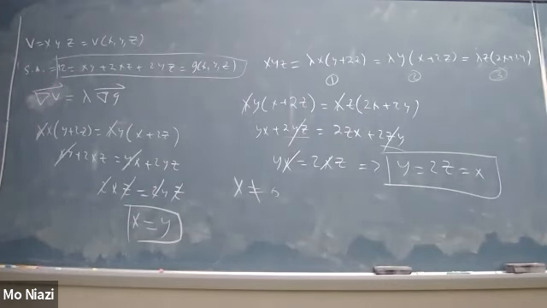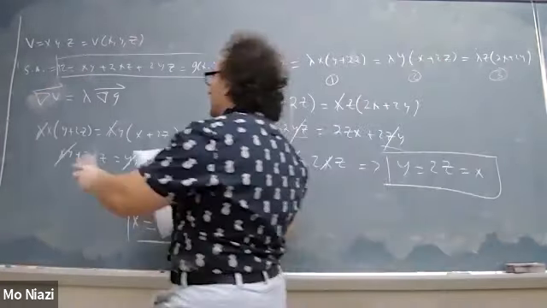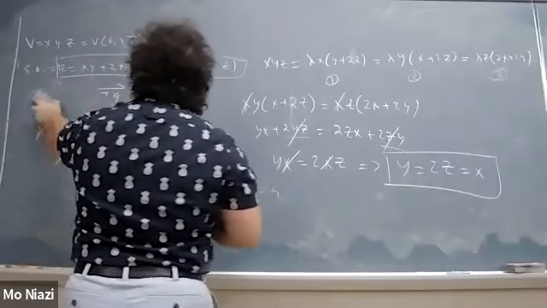We can replace every x and every y in our constraint equation with a 2z. Guys, this is basically systems of linear equations.